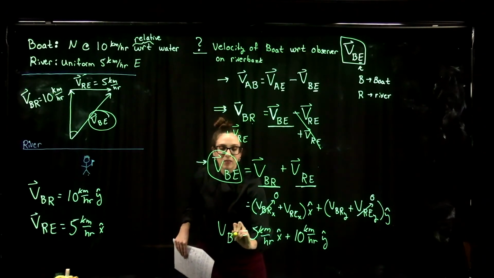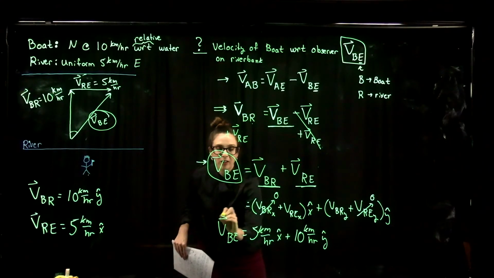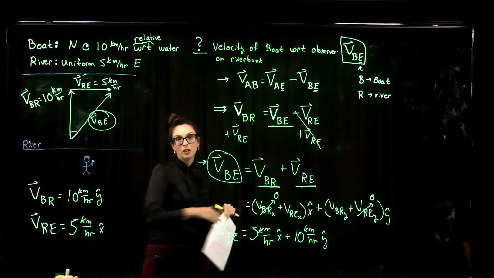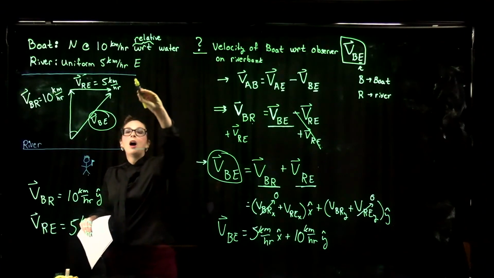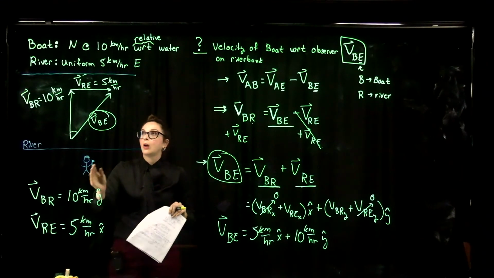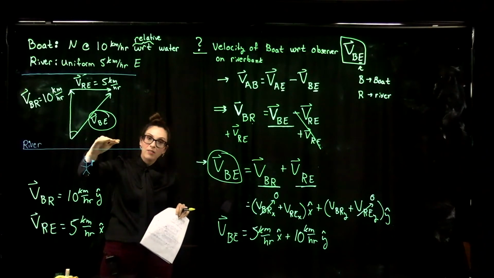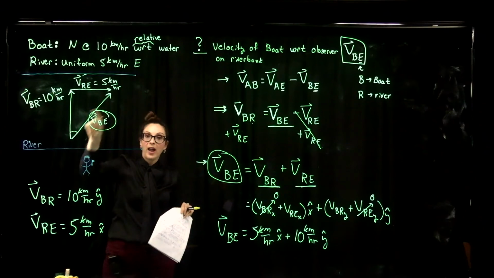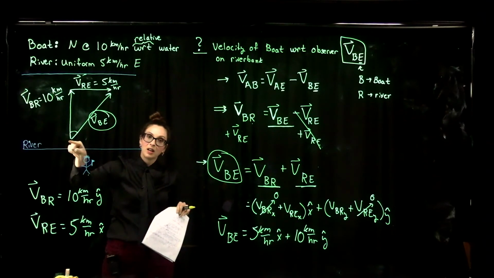So that's what this vector, the velocity of our boat with respect to the Earth, looks like in unit vector notation. So it's going off in this direction, so we have to go to the right 5 along the x-axis and up 10 along the y-axis in order to get this vector here, okay?